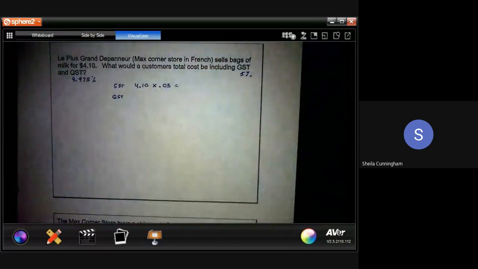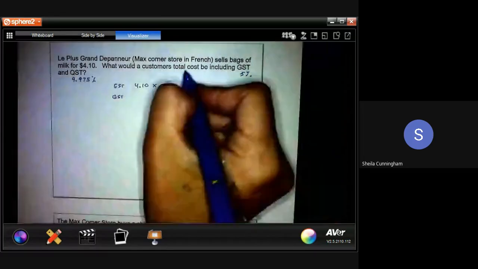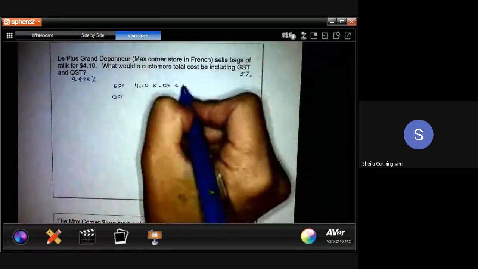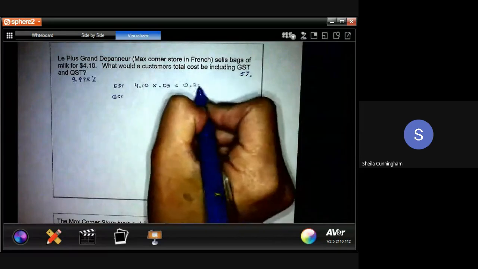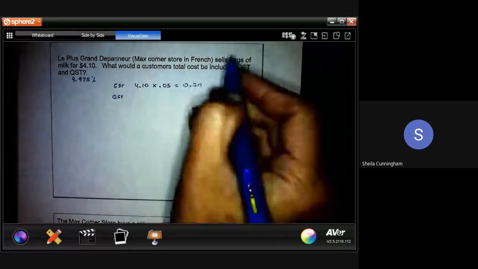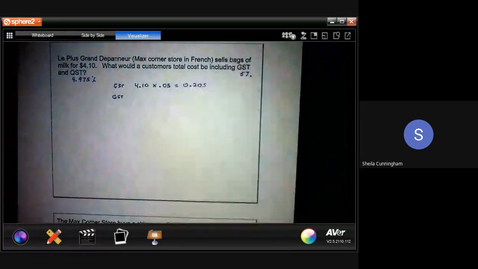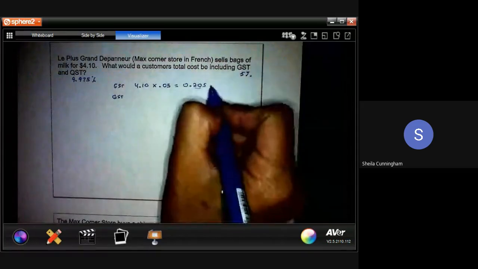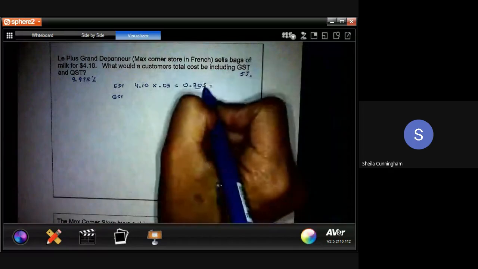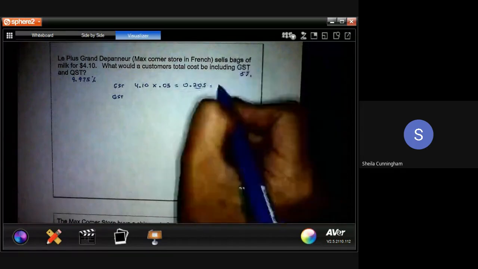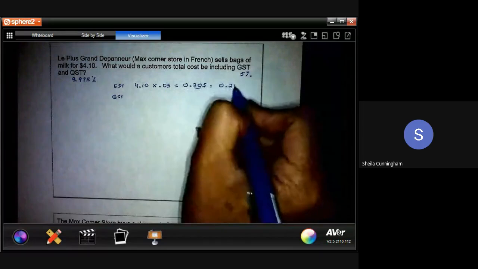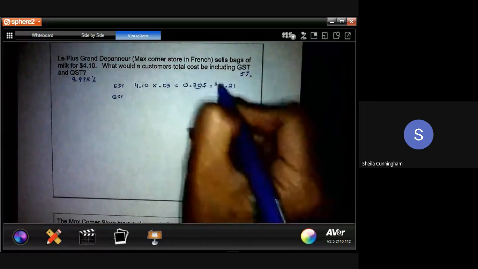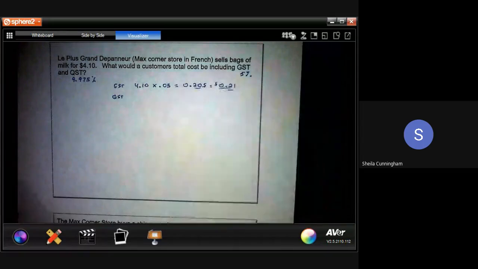So 4.10 times 0.05 gives me 0.205. Let me just make sure I did that right. Okay, 2 decimal places means that the third decimal place is a 5, so it's going to bump up. This is going to become 0.21. So that's the GST you're going to pay on that milk.